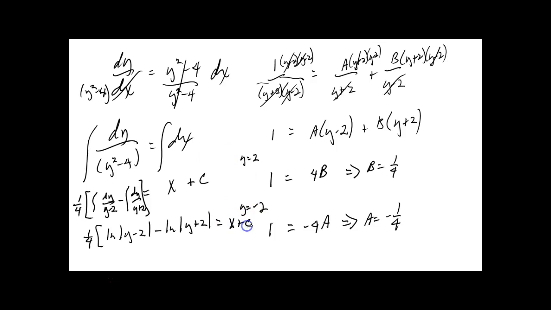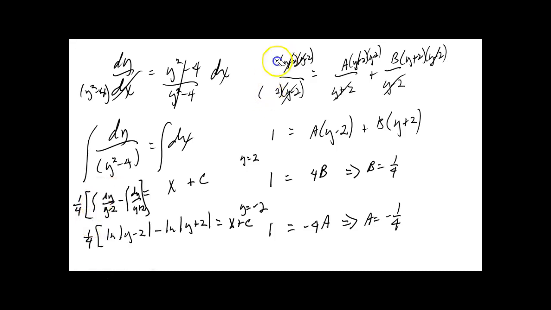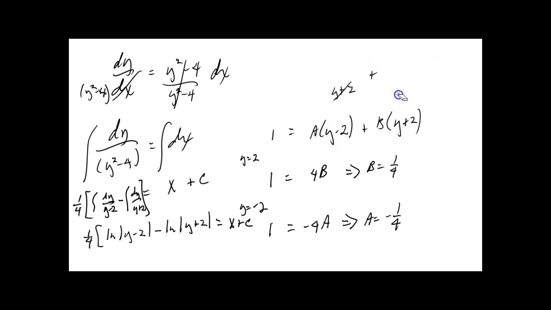Now I'll put my absolute values in here in case I need them, and that's equal to x plus c. Now I'm going to need more room, so since I'm through with the things on the right hand side of the screen, I'm going to erase most of that. It's being very slow. There we go. That took so long, I'm not going to erase anymore.